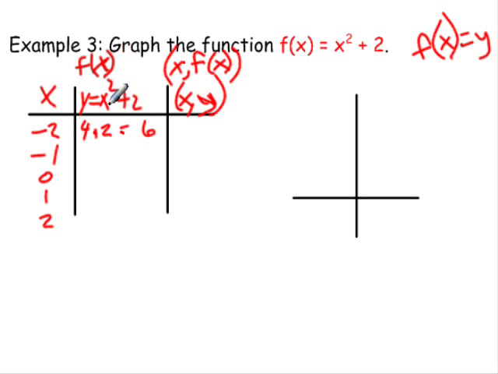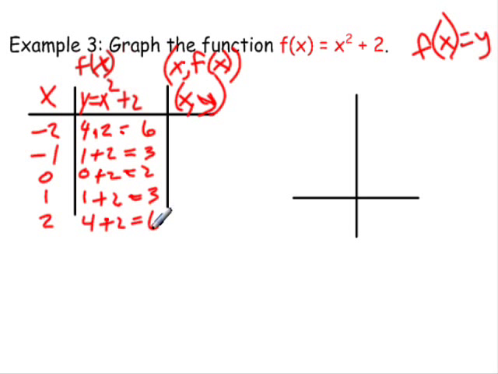Negative 1 squared is going to give me a positive 1, so 1 plus 2 is equal to 3. 0 squared is just 0, so 0 plus 2 is equal to 2. 1 squared is 1 plus 2 is equal to 3. And 2 squared is 4 plus 2 equals 6.